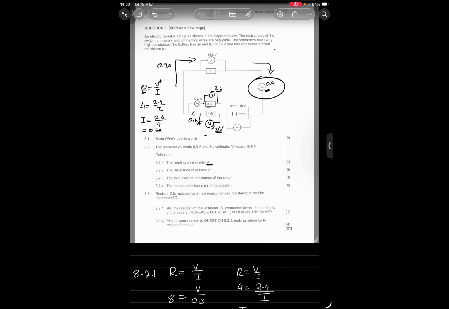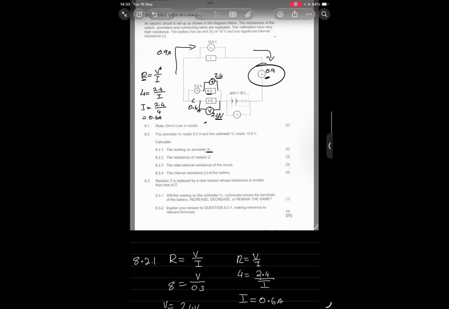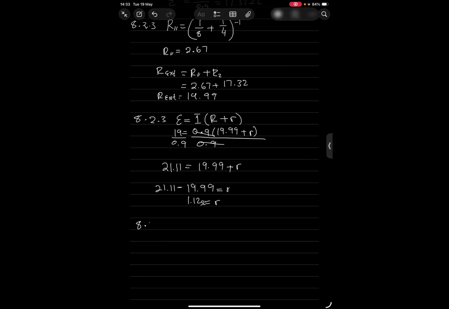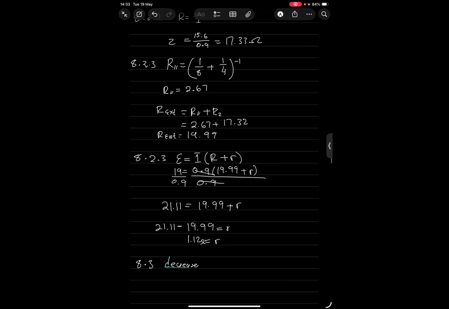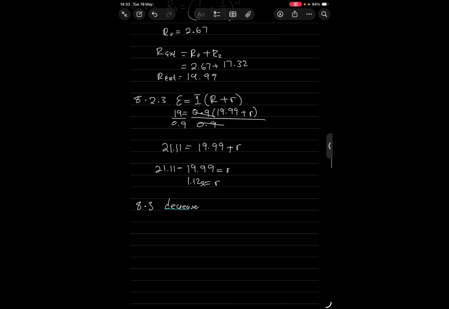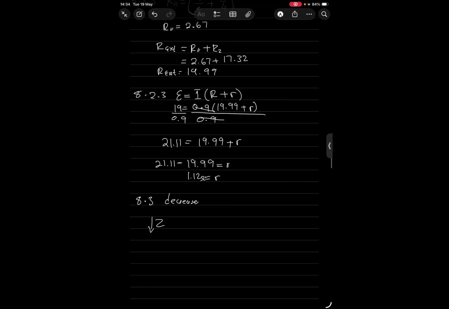You should understand the relationship between the resistance and the voltage. Because if you check this out, you mentioned an important point. This is 8.3, you said decrease. And you said when resistance Z goes down, it will cause the total current to go down.